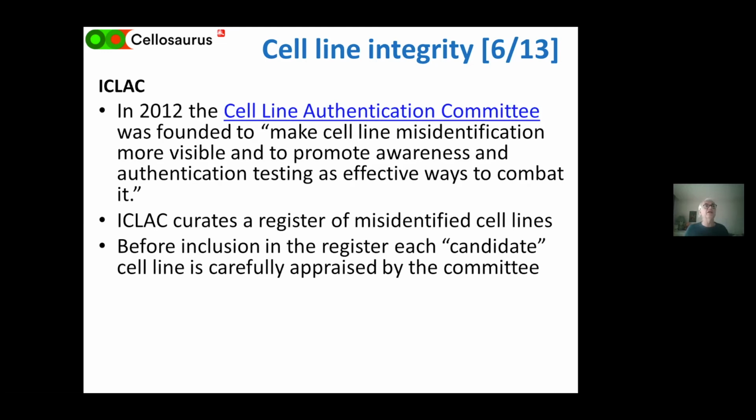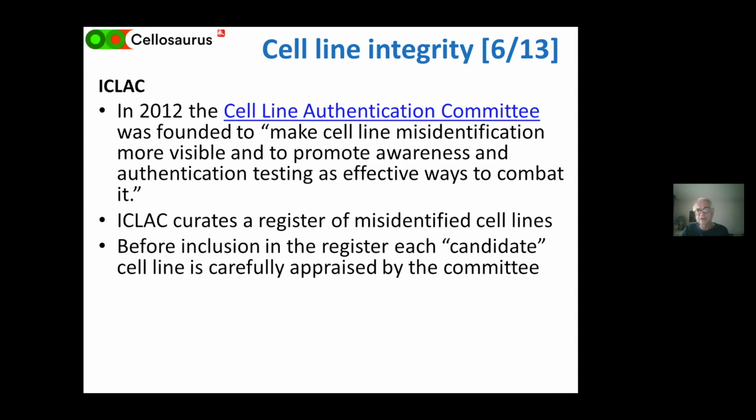Sometimes they try to get more information, either from people who have used or established a cell line, or from cell collections. And once things have more or less converged into an answer, the committee votes to enter the cell line into the table of misidentified cell lines.